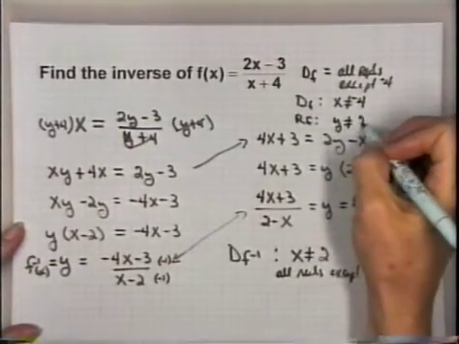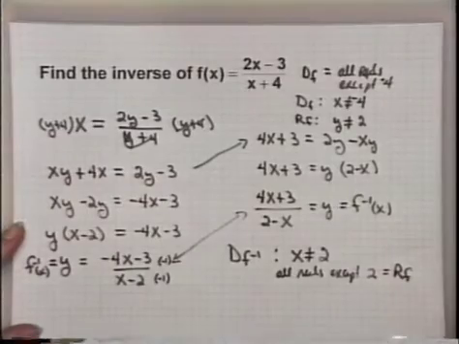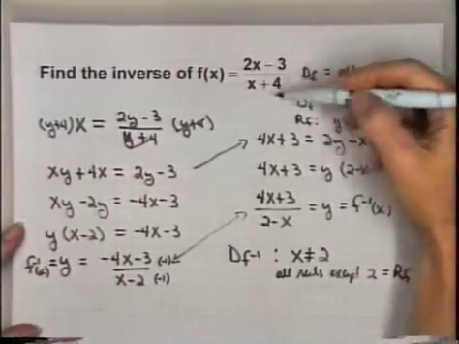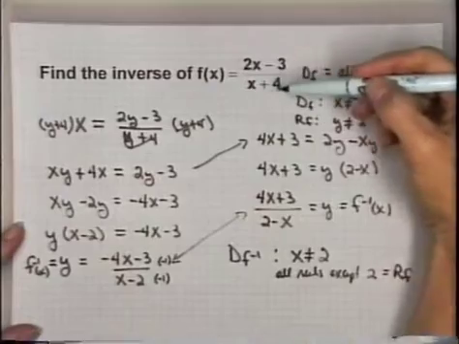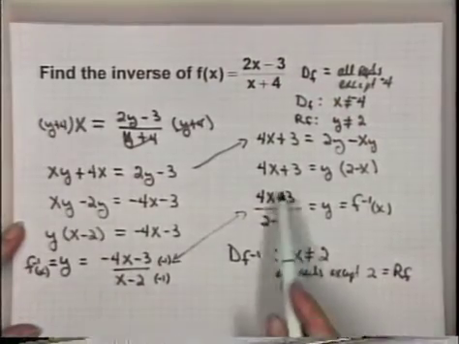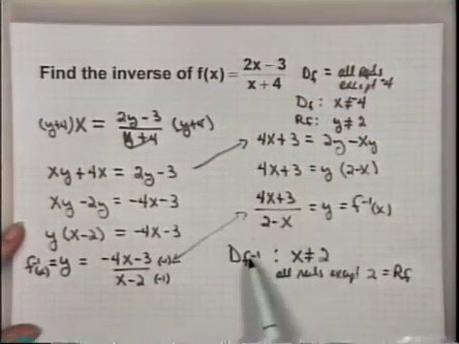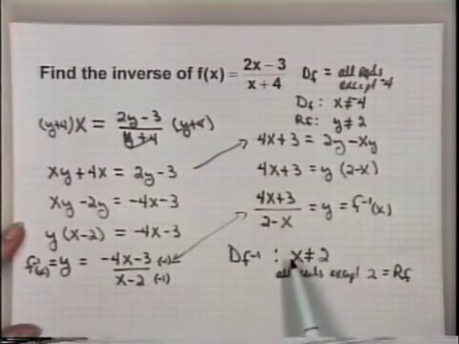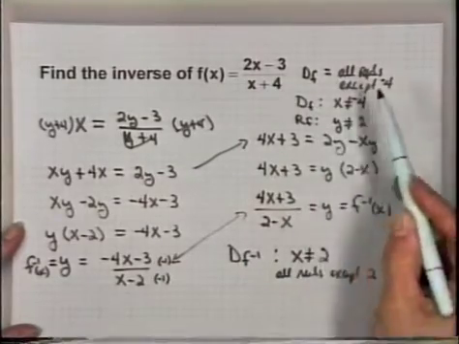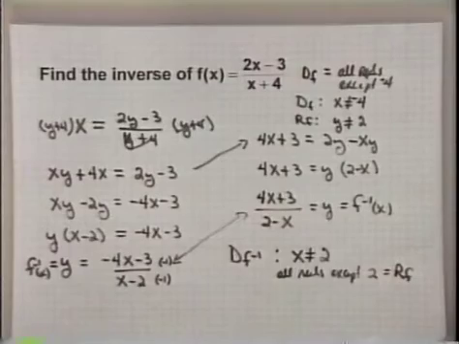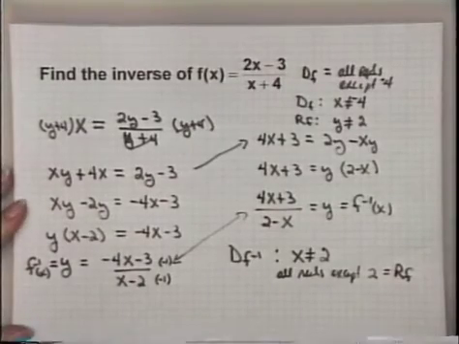Y can't be 2. It's all real numbers except 2. So even though I can't tell that necessarily by simply looking at this equation, because I can determine what the domain of my inverse function is, and I know that the domain of my inverse is the same thing as the range of my original function, then I can determine what that range is.